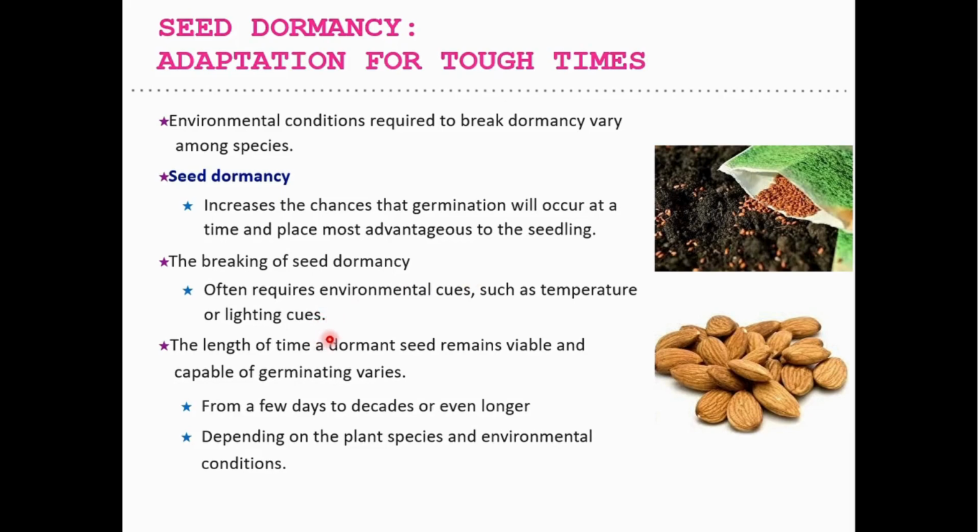The length of time a dormant seed remains viable and capable of germinating varies. It can stay dormant for a few days or for decades or even longer, depending on the plant species and environmental conditions.